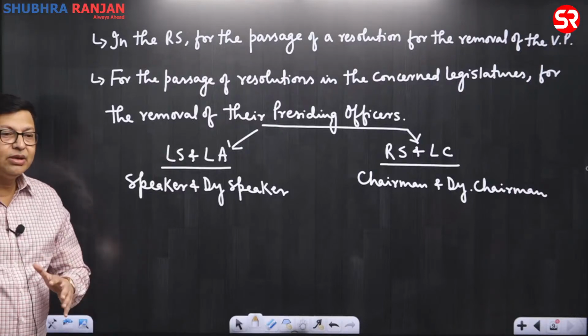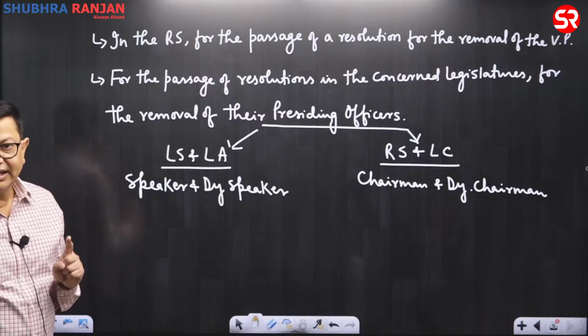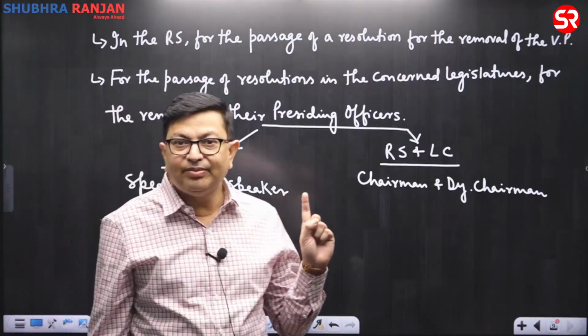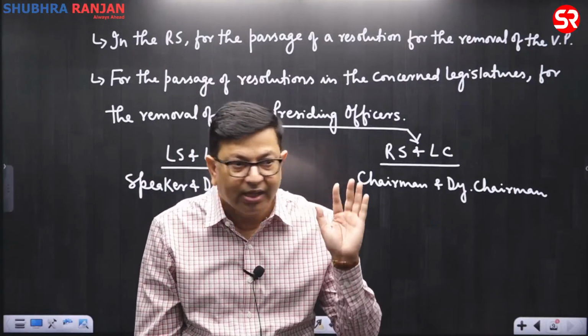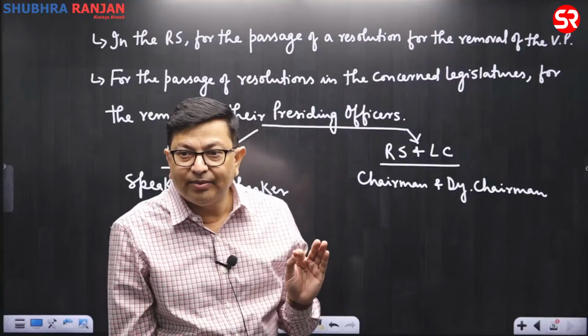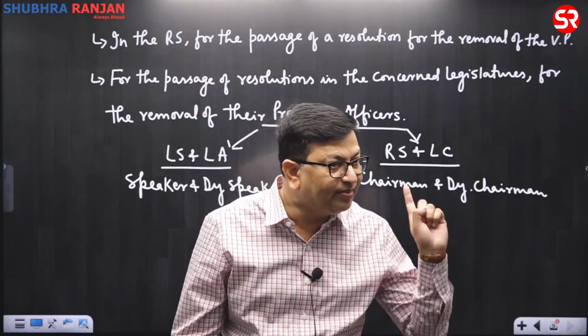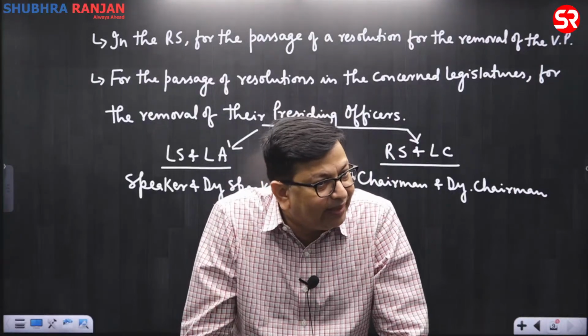Now suppose the speaker of the Kerala Legislative Assembly is to be removed, then this majority will be required in the Kerala Legislative Assembly. If the chairman of the Maharashtra Legislative Council is to be removed, this majority will be required in the Maharashtra Legislative Council.